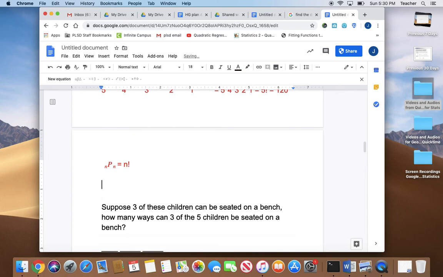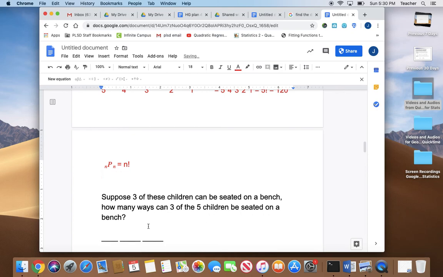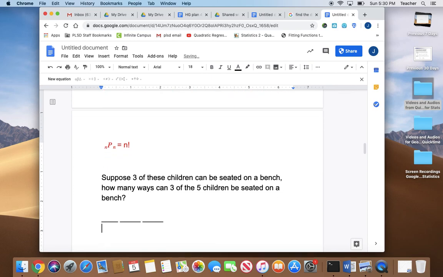Now let's look at this problem here. Suppose only 3 of these children can be seated on a bench. How many ways can 3 of the 5 children be seated on a bench? So this problem is a little bit different. I'm only taking 3 of the 5 children. So for the first seat on the bench, I would have 5 choices because I still have 5 children.